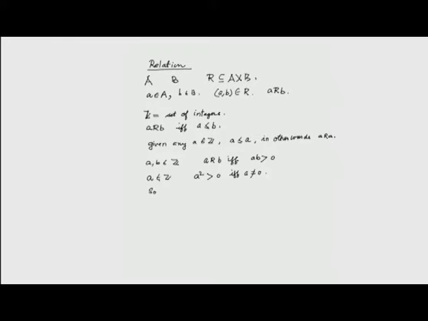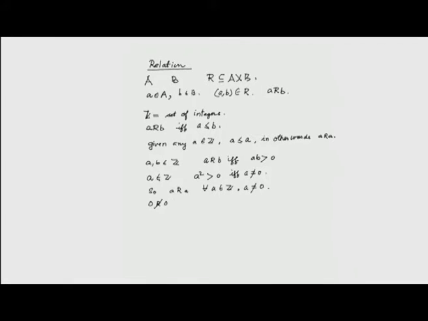So, a is related to a for all a belonging to Z except a equal to 0, but when a equals 0, then 0 is not related to 0, since 0 times 0 equals 0 is not strictly greater than 0.